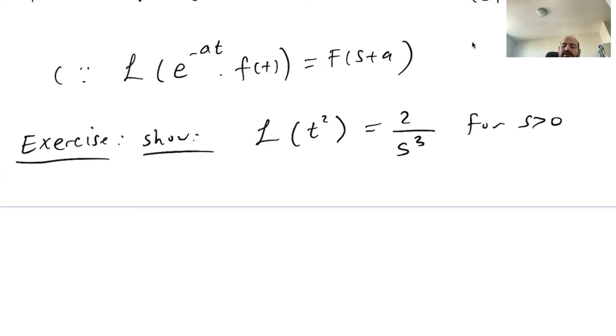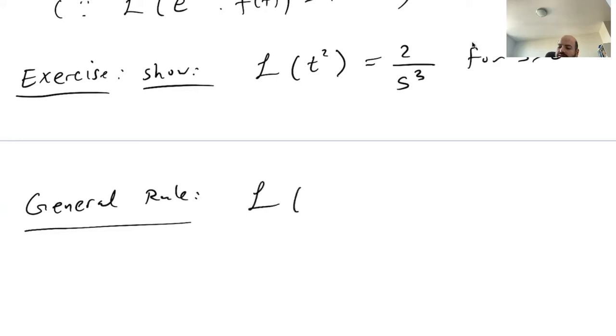And similarly, if you continue this, the general rule, the Laplace transform of t to the power n, it can be shown that it is equal to n factorial over s to the power n plus 1.